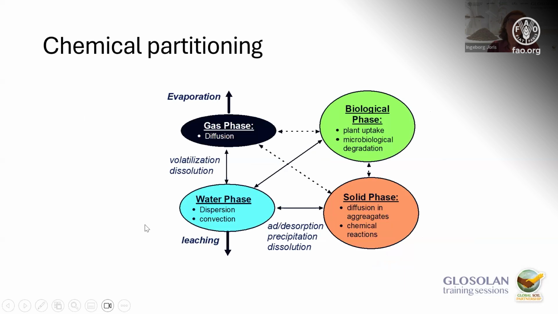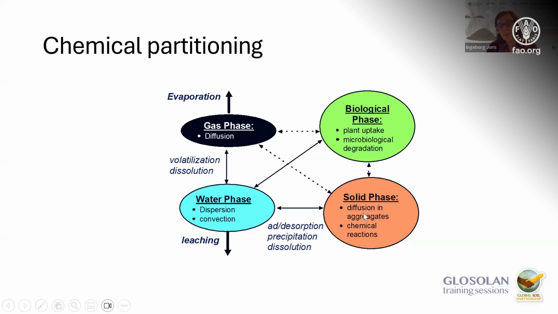Why do we want to know where the solute is? Because in the different phases, there will be different processes acting on the solute. If you have a concentration in the gas phase, it will be subject to diffusion. So it can move in the gas phase driven by differences in concentration at different locations. If it's in the solid phase, it can undergo chemical reactions.